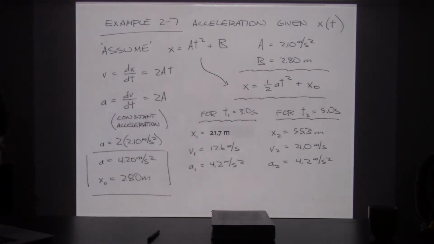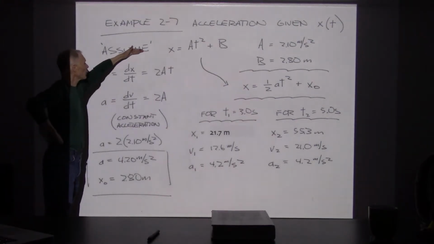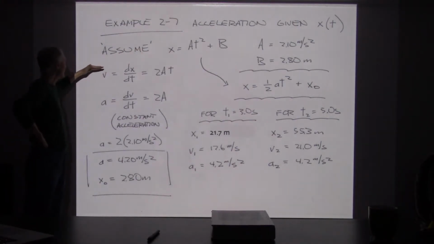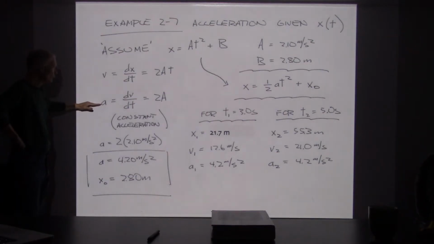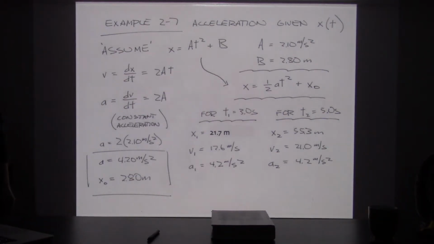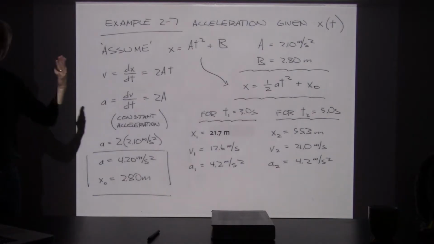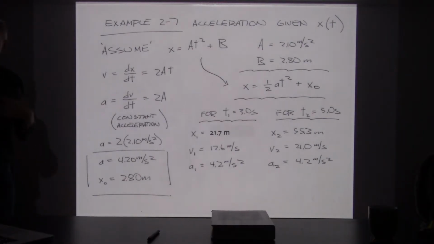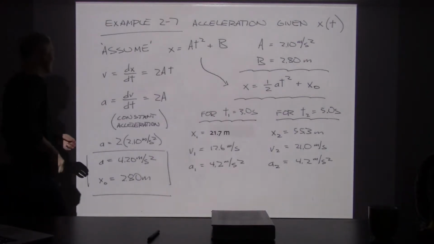So following the rules that you learned in your calculus courses during first semester calculus provides a way to go from x as a function of t to v as a function of t to acceleration. And I know in calculus classes this is one of the favorite examples they like to work from. This is such a nice, clean, clear example of how we can take derivatives and get information about velocities and accelerations.